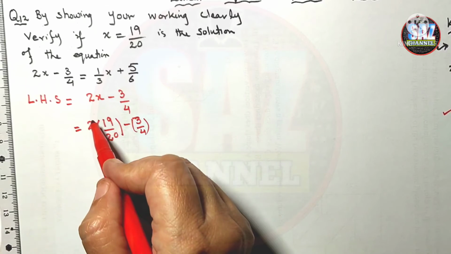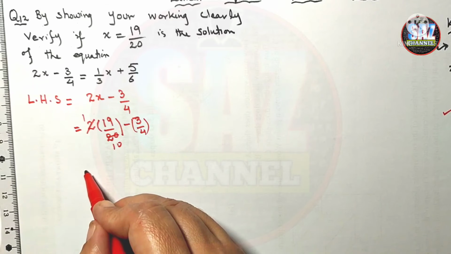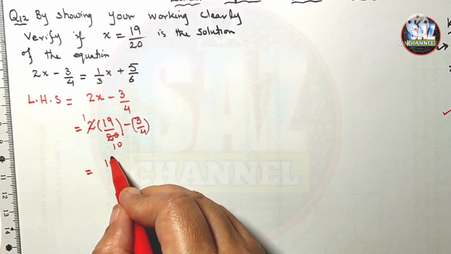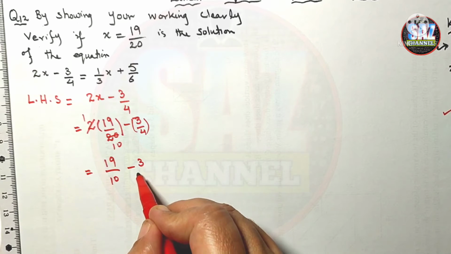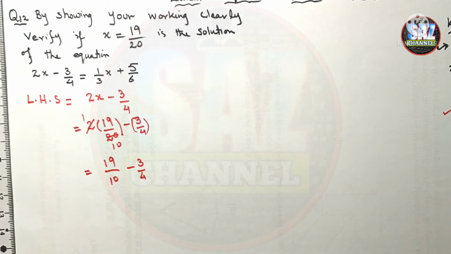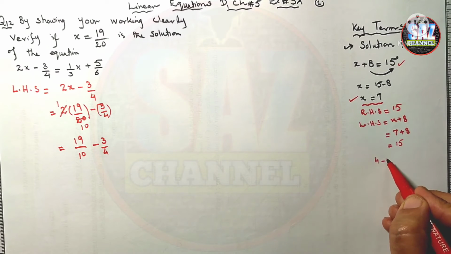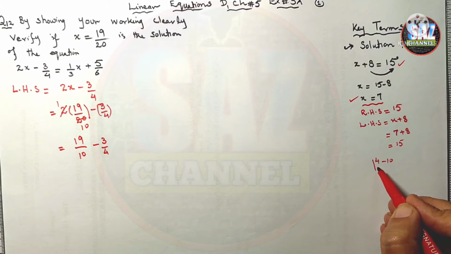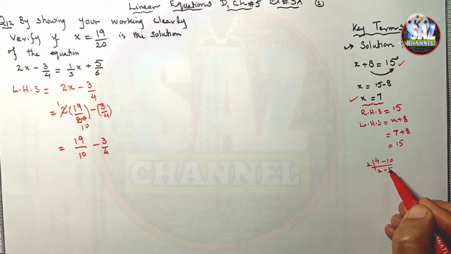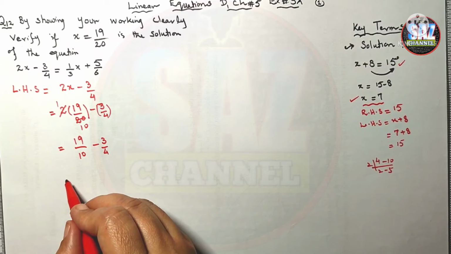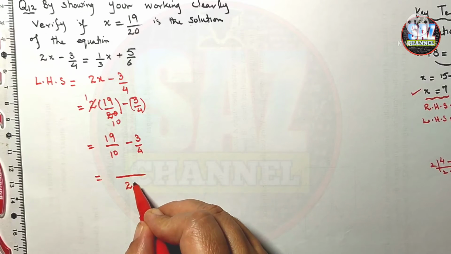And now look, 2 ones are 2 and 2 tens are 20, and this becomes 19 by 10 minus 3 by 4. Now we have to take the LCM carefully, and the LCM of 4 and 10 will become 2 twos are 4 and 2 fives are 10, 5 twos are 10, twos are 20.